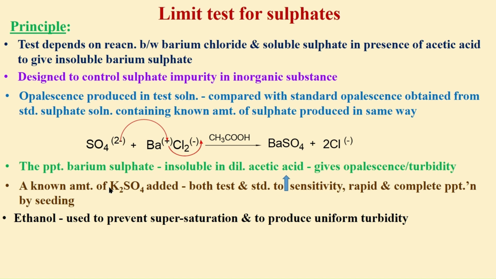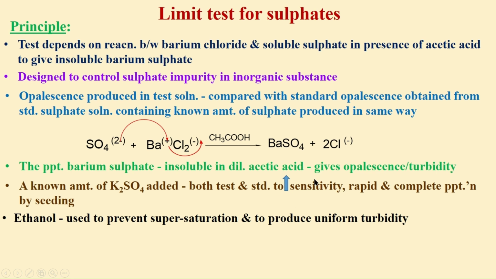And each and every reagent added will have a role to play in the test. That's why without any role, we are not adding any other reagent. Barium chloride is the major reagent which reacts with sulfate ions and gives barium sulfate.